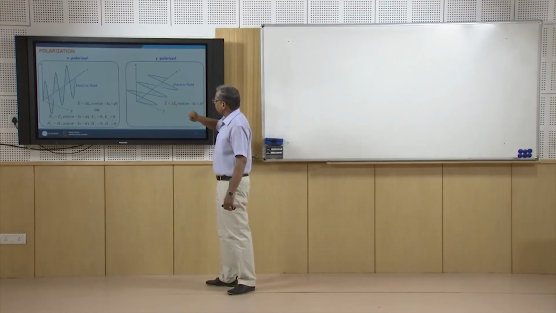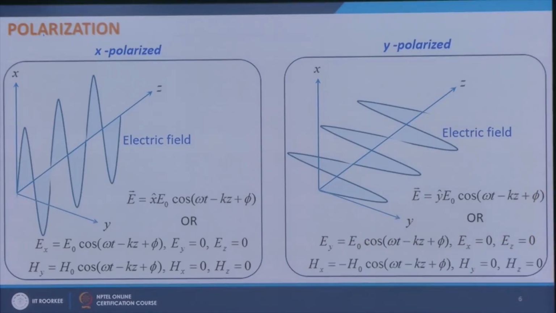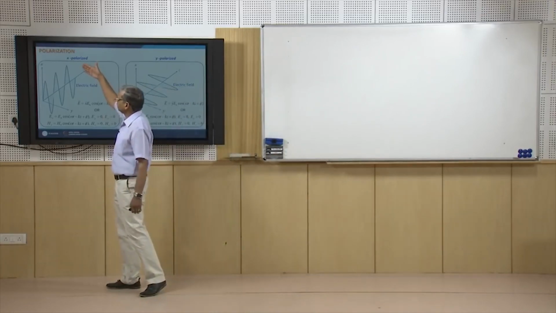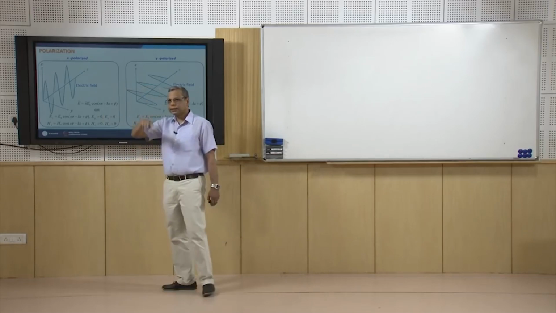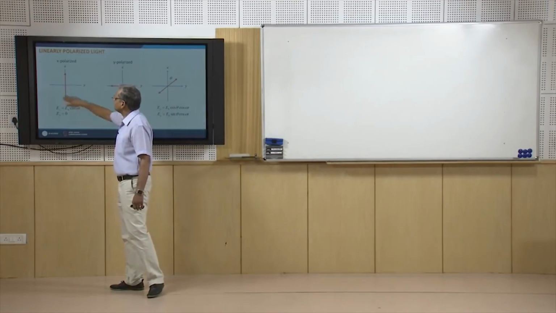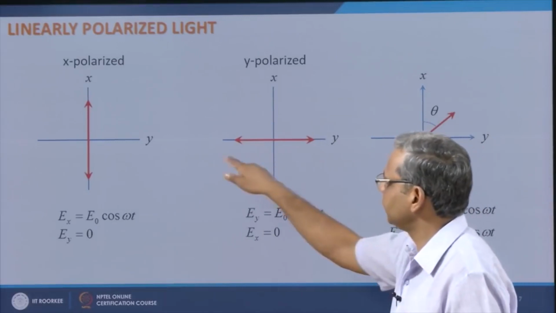So, your E is now y cap E0 cosine omega t minus kz plus phi, or you can again write them down in terms of the components of electric and magnetic field, and these are the components you will get corresponding to this y polarized wave. Now, if I take a transverse plane, here it is xy plane, and notice the vibration of electric field vector. Then in X polarized I see that the vibration is like this. For Y polarized the vibration is like this.